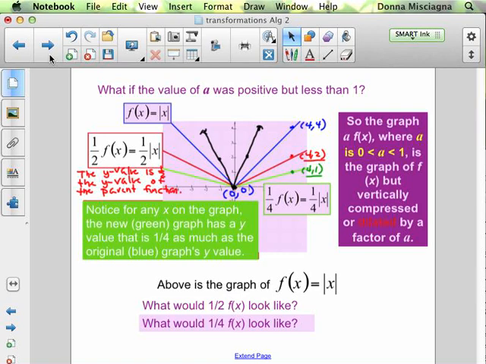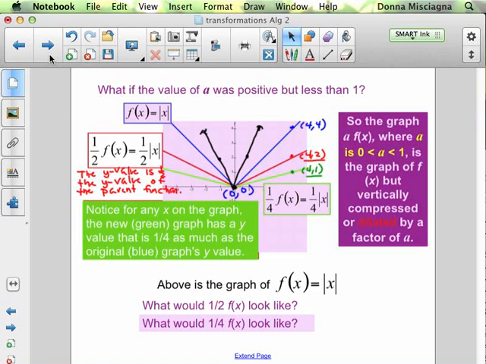Here we have a coefficient that is between 0 and 1. The blue graph is y equals the absolute value of x. The red graph is y equals 1/2 absolute value of x.